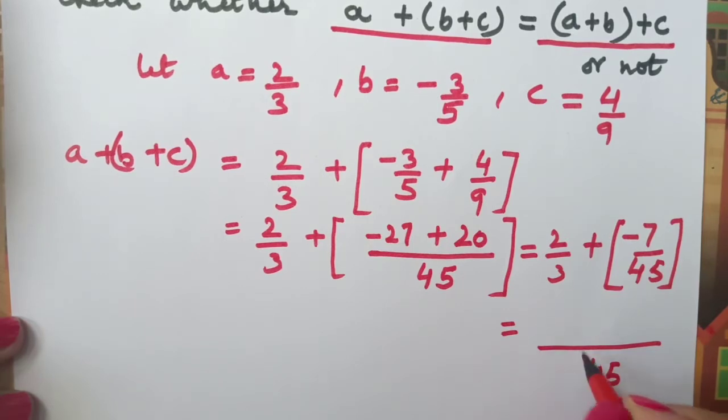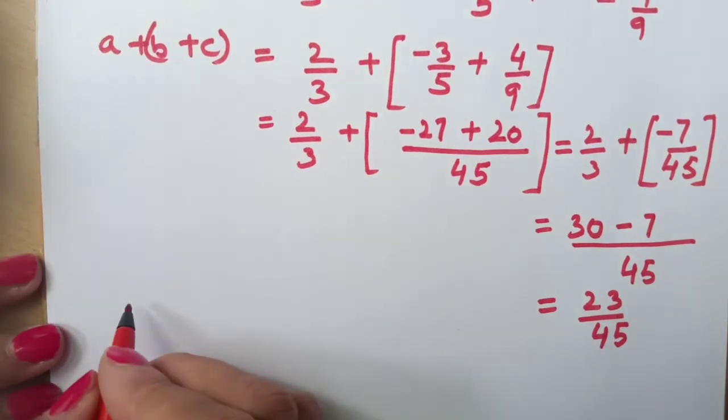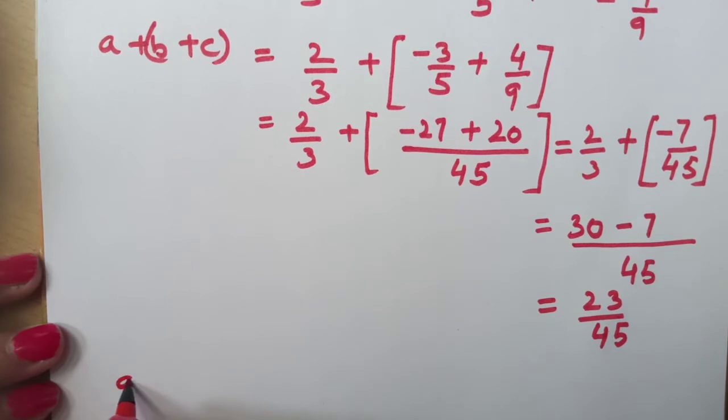Then we will multiply 15 to 2. 15 2s are 30 minus 7. The answer will be 23 upon 45. Clear है यहाँ तक?